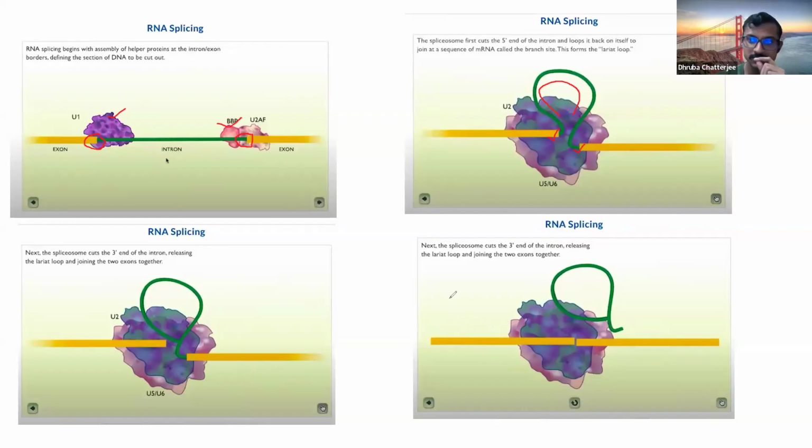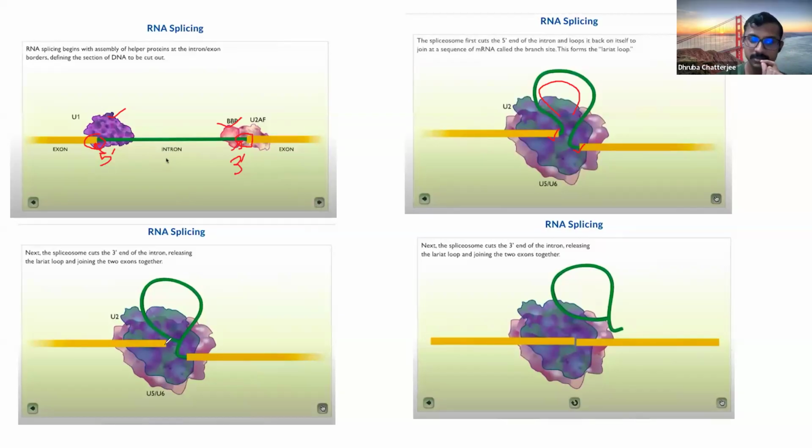Now the first thing that happens is, for example, this green is your intron. Just for the sake of understanding, consider that the left is the 5' of your intron, and this is the 3' of your intron. So the splicing factors, the spliceosomal complex, first cut the 5' end.